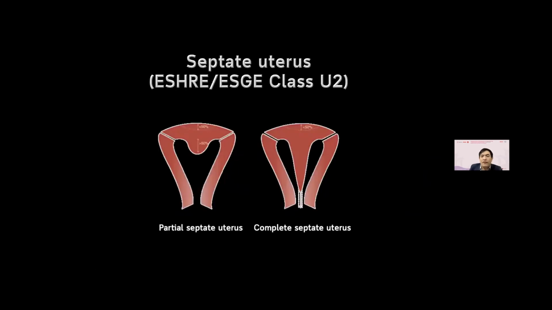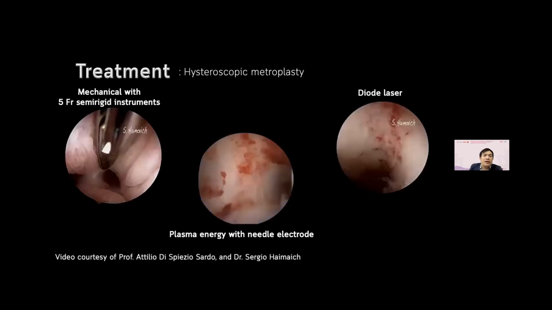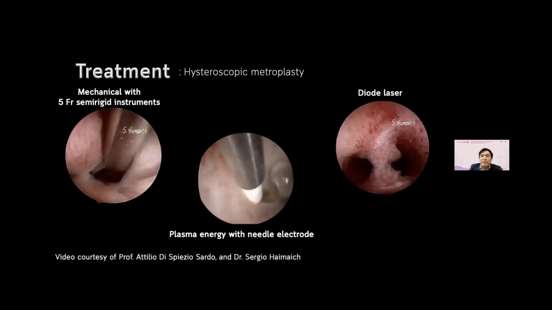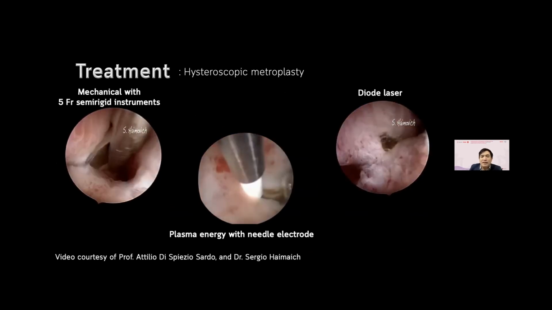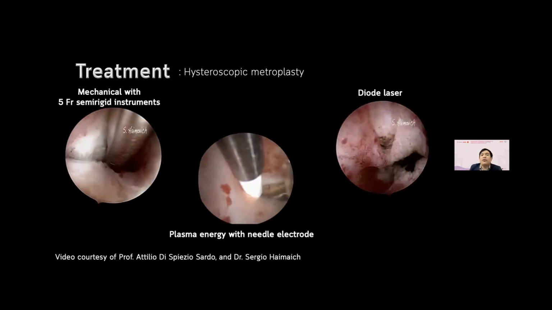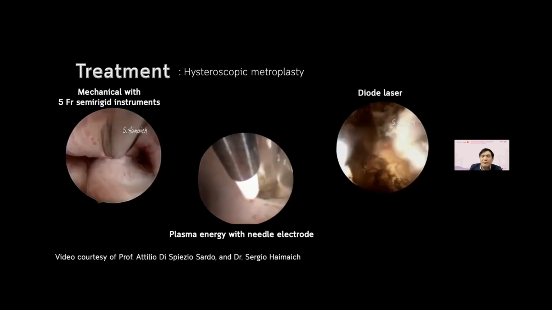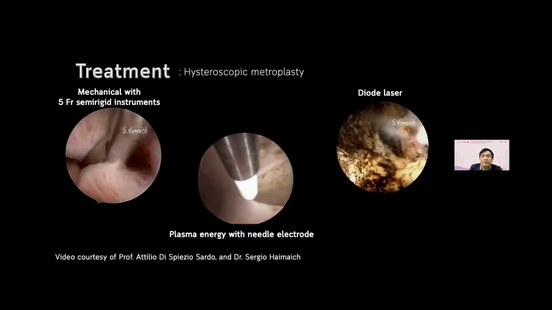And for the septum, we can do it the same as the dysmorphic uterus. We can use the scissor, the plasma needle, and also the diode laser.